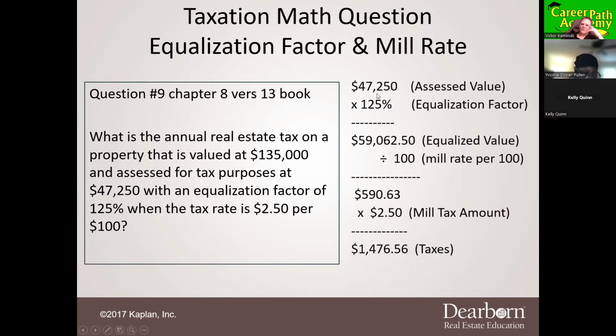So assessed value of 47,250 times 125% gets you an equalized factor that actually jacks up the assessed value a little bit. Then you divide that by 100, because that's what the example says to do. And then you take that dollar amount and times it by the tax rate of $2.50 per $100 of value. And the taxes would be $1,476.56.